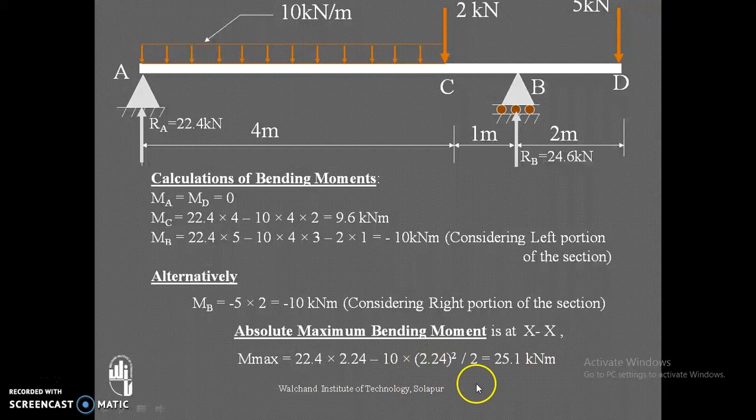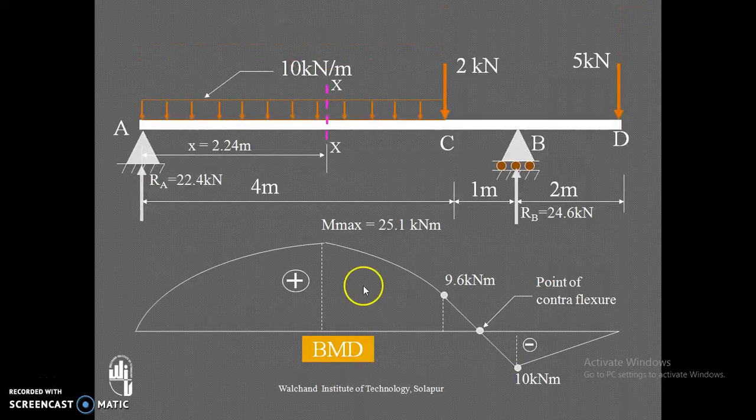This is the equation of bending moment at XX. So maximum bending moment is 25.1 kilonewton meter. Now these bending moment coordinates are marked: 9.6, 10 kilonewton meter negative, and maximum at XX, that is 25.1.